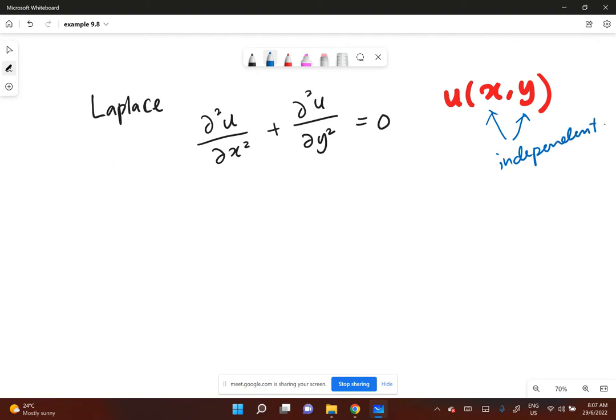And for the Poisson equation, basically it's the same, only the right hand side is not equal to 0. It is some function there.